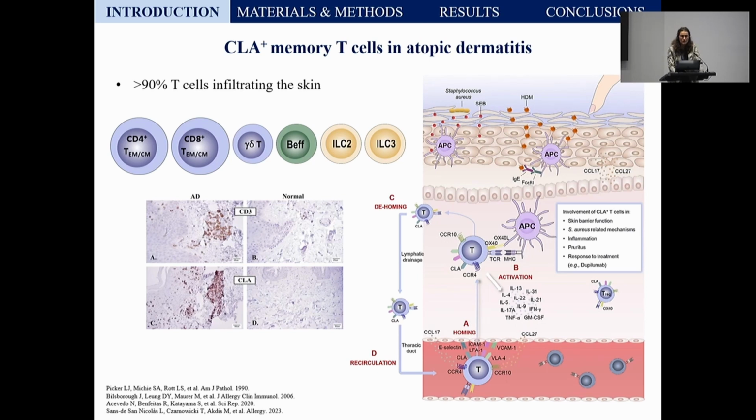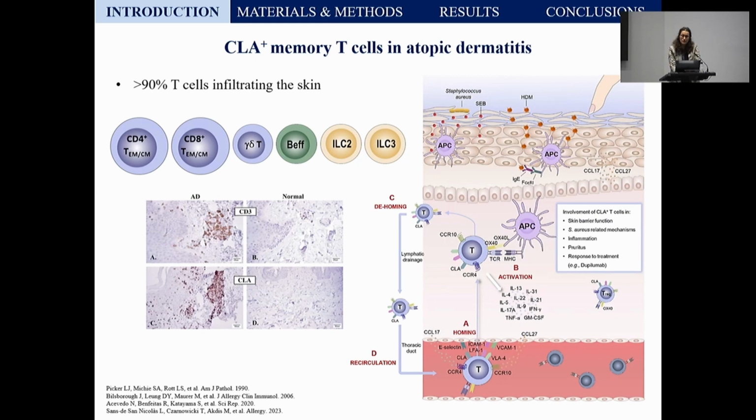Immunohistochemical studies have shown that these T cells abundantly infiltrate AD skin compared to normal skin. This is possible because these T cells have the capacity of homing to the skin, as CLA, together with other adhesive molecules, participates in the transmigration process.